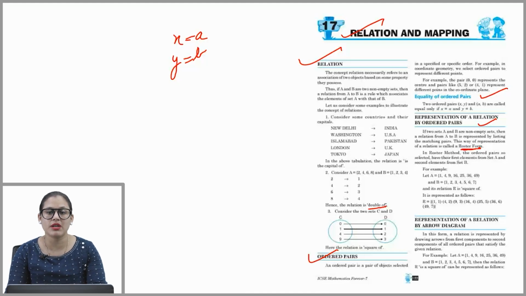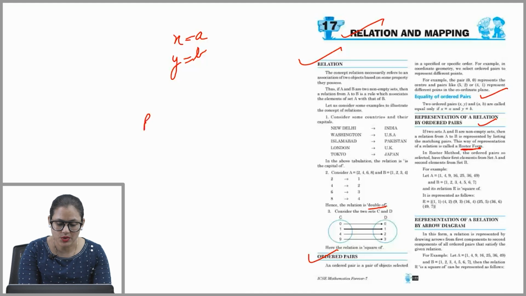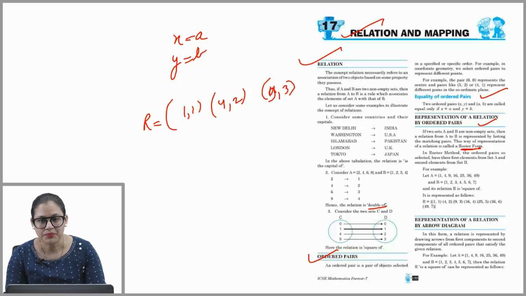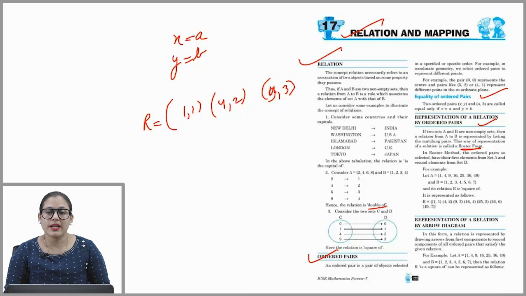So it is represented as follows: square of 1 is 1, square of 2 is 4, then we have 16, 9, and square of 3 is 9. So this is the representation of a relation by ordered pairs.